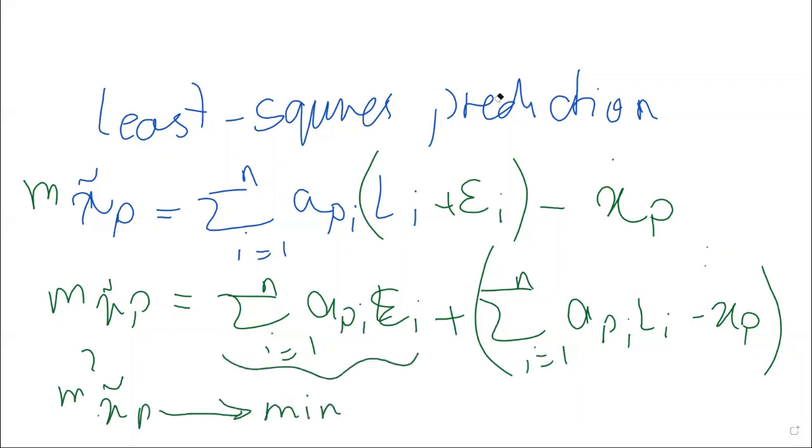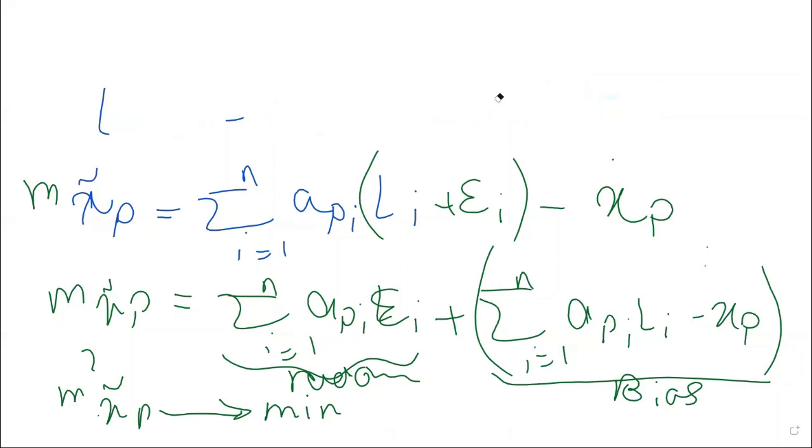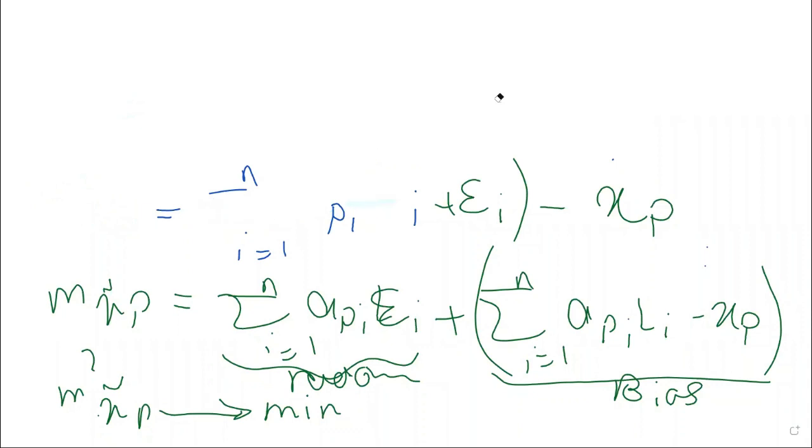The first term is the contribution of the random error, and this one is actually the bias. In fact, we will minimize both of them, or the summation of the random part and the bias.